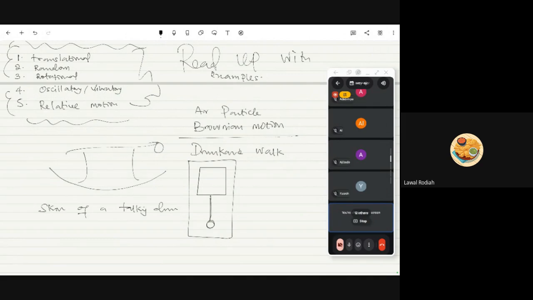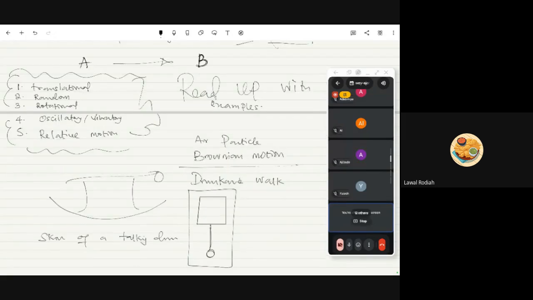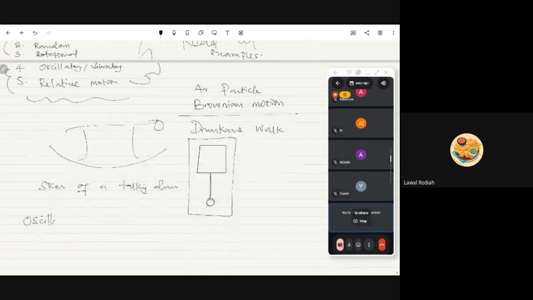Now, the difference between random and oscillatory that the exam would want to test you with is this. Oscillatory motion has a fixed mean position. Don't forget. It has what?